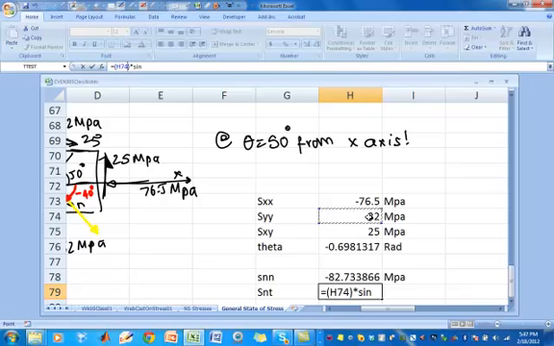It is Syy minus Sxx times sine theta times cos theta plus Sxy times, I'm going to write a star here, cos theta whole squared minus sine theta whole squared.